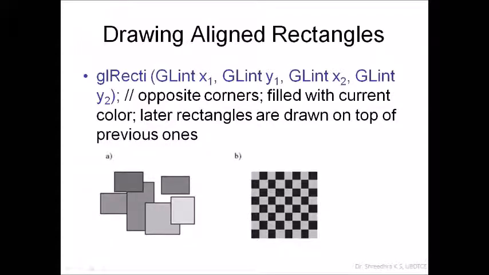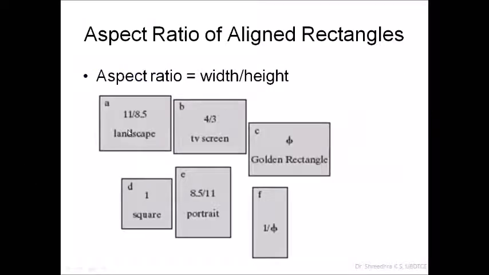You are familiar with the landscape TV screen, where it maintains 4:3, 4 along the horizontal, 3 along the vertical, width with respect to height. There are landscape, portrait, and square. If you observe, the TV's output will not be square. The TV output will be 4:3. Then only will the object appear as you feel comfortable naturally.